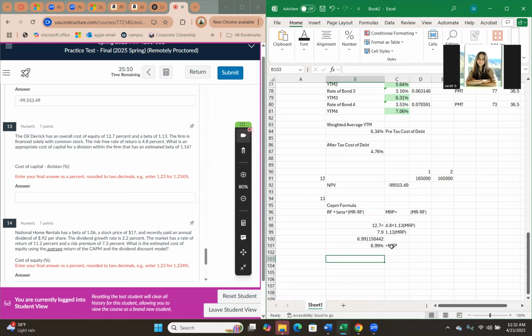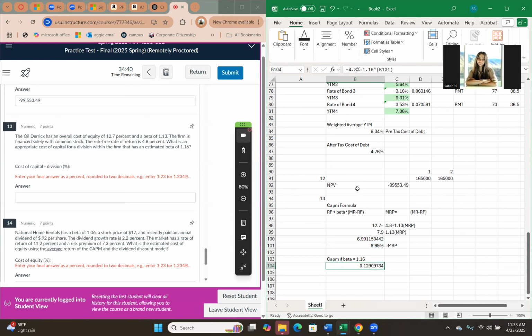And then we want to find the CAPM if beta equals 1.16 instead of 1.13. So we're going to do the same thing. The risk-free rate is 4.8%, so 4.8% plus the beta 1.16 times the MRP, which is this 6.99%.